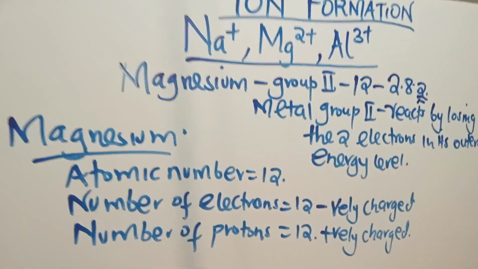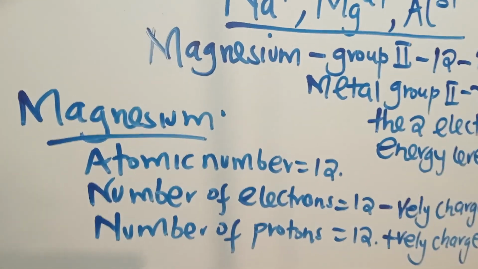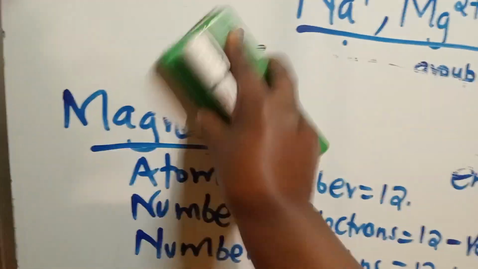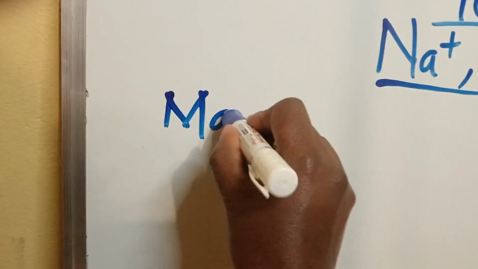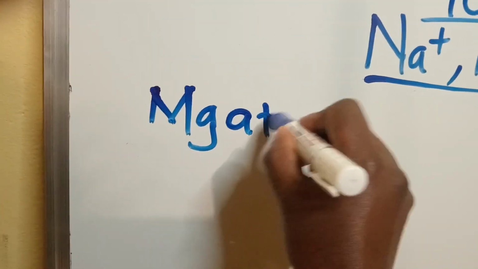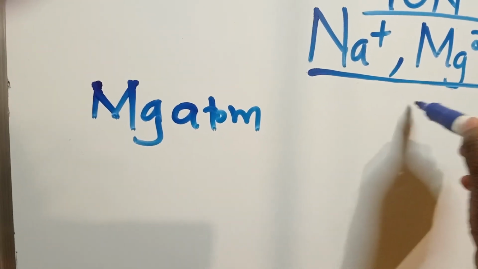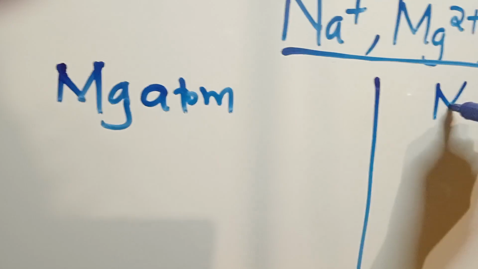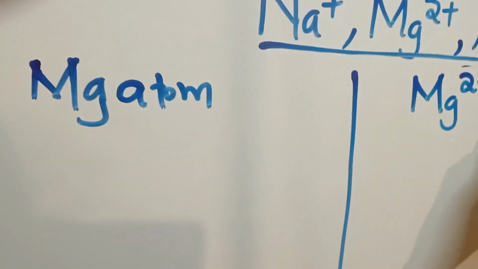After that preparation, we write on this side magnesium atom, and on this side we write magnesium ion.